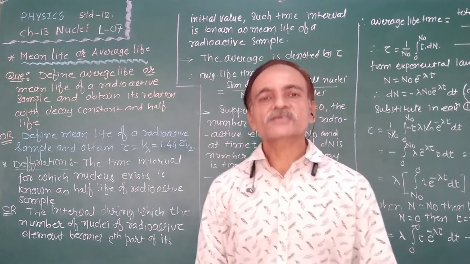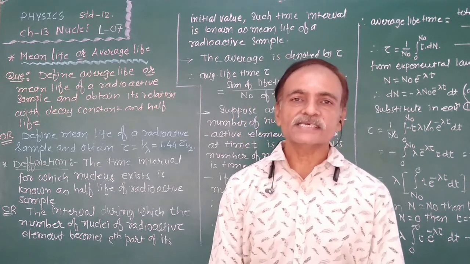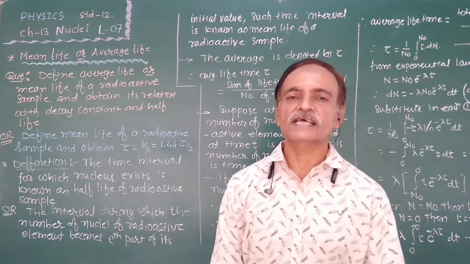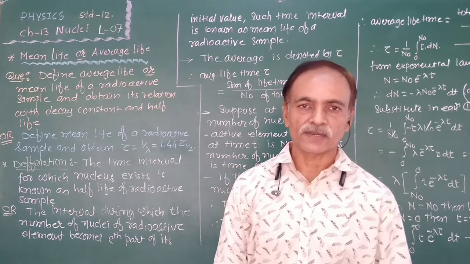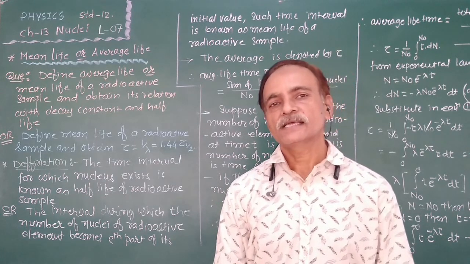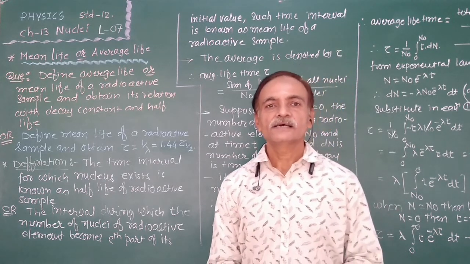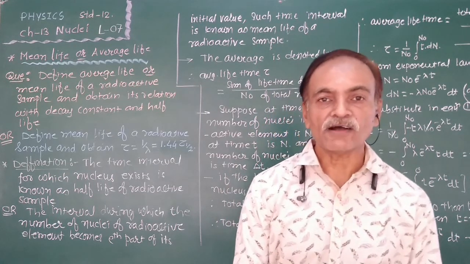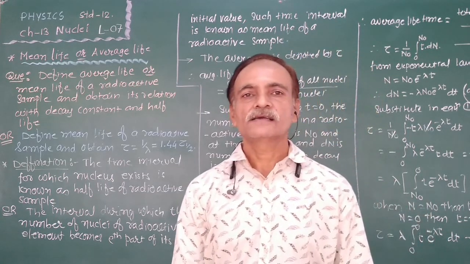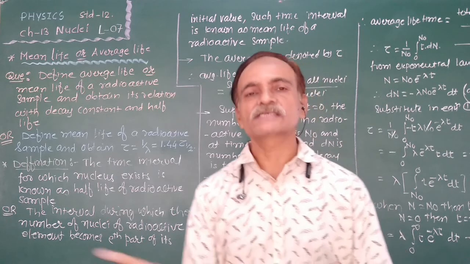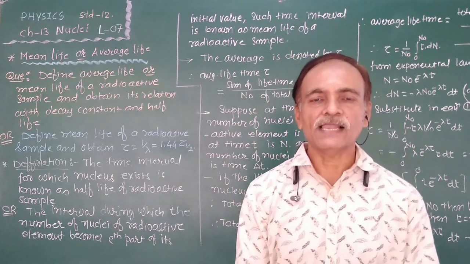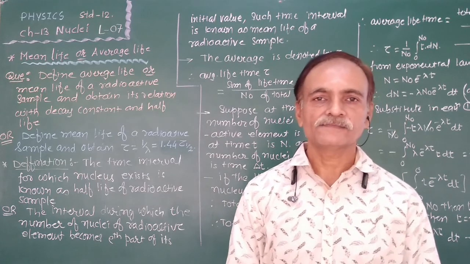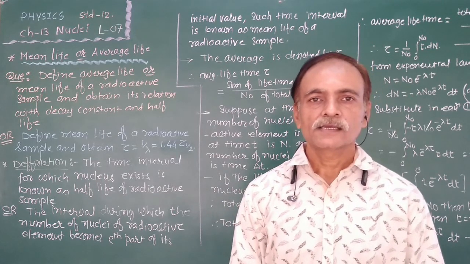The time duration for which the nucleus exists is known as the average life of a nucleus or radioactive sample. We know that heavy nuclei are initially in an unstable state and try to acquire the stable state. For that purpose, they emit either alpha, beta or gamma.